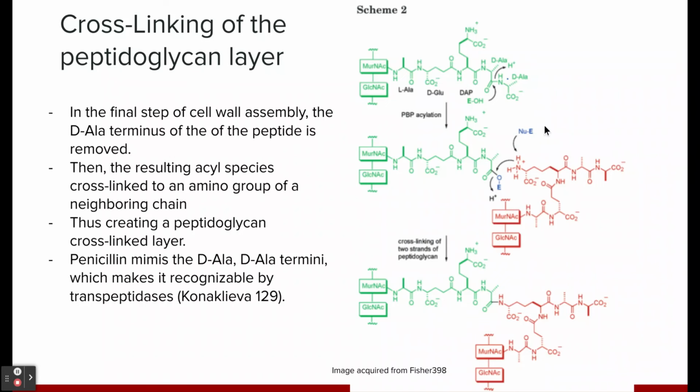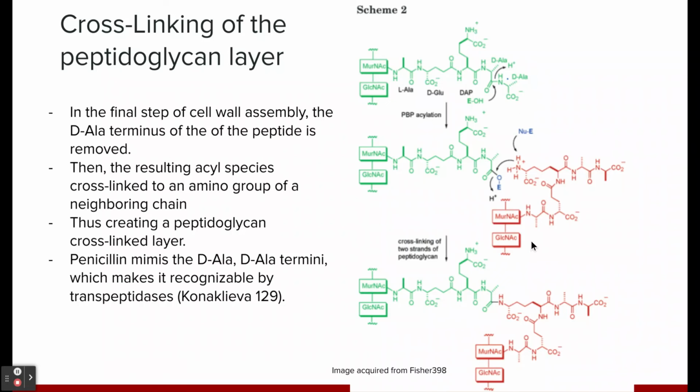So here we've got this neighboring chain and we have cross-linking occurring, which creates more strength in the cell wall. Penicillin is going to mimic this termini, which makes it recognizable by transpeptidases. So instead of engaging in this process of acylating and deacylation to cross-link these two strands together, penicillin inhibits that process.